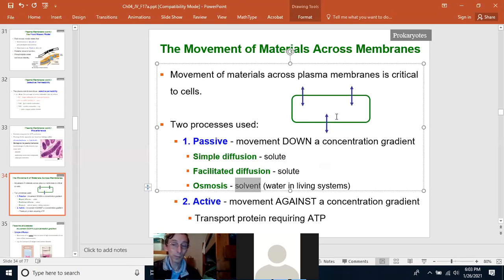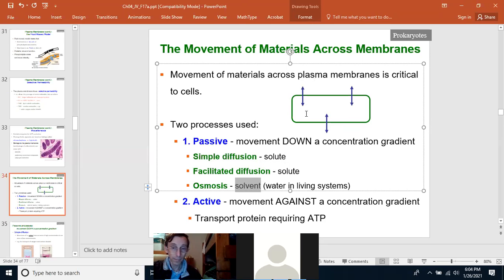We'll look at them in a little more detail in a little bit, but let's talk a little bit about the active process. Here, a solute molecule is moving from areas of low concentration to areas of high concentration.